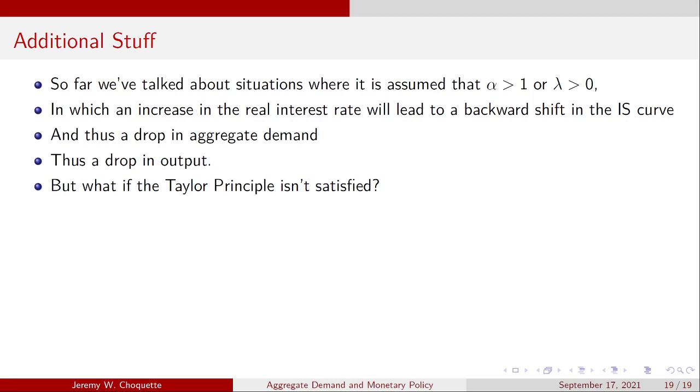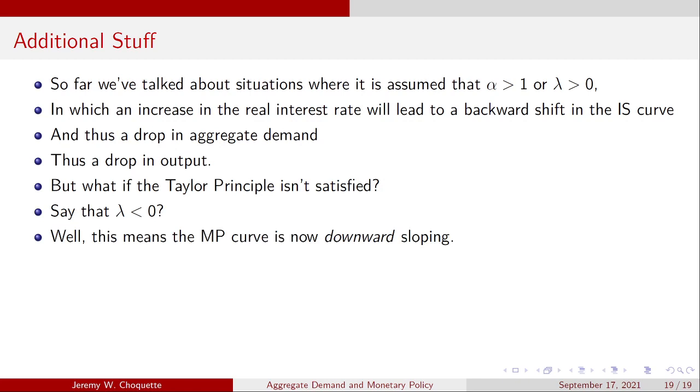But if the Taylor principle isn't satisfied, if alpha is not larger than 1 or lambda is not larger than 0, well, we have a different situation. So suppose lambda is less than 0. Well, this is where things get really strange, because this means now that the monetary policy curve is downward sloping instead of upward sloping like what we saw. So in that graph all the way on the left, with real interest rate and inflation space, now the monetary policy curve is downward sloping because that lambda was just the slope of inflation, right?